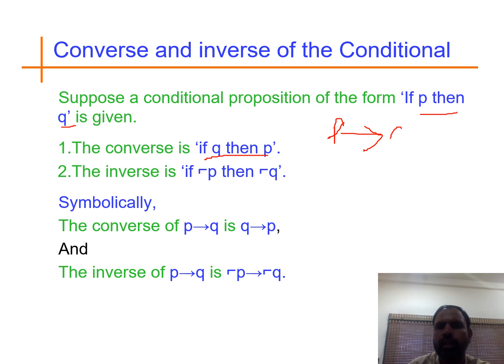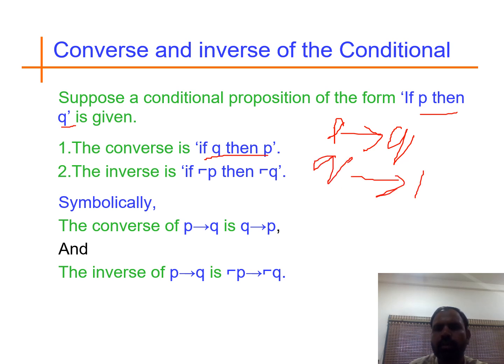If P then Q is written as is; in the converse we write if Q implies P. In the inverse we write negations with P and negation with Q. So symbolically the converse of P implies Q is Q implies P, and the inverse of P implies Q is negation of P implies negation of Q. So you can easily understand the definitions of converse and inverse.